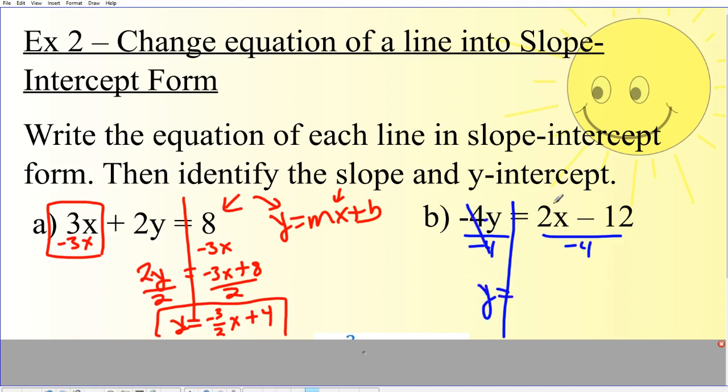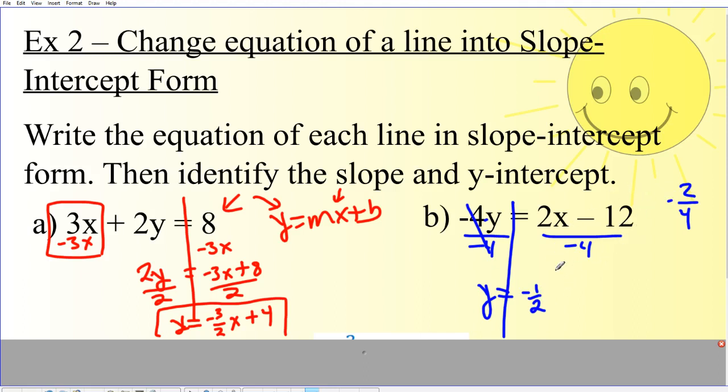Now, if we divide both pieces over here by negative 4, 2 divided by negative 4 is negative 1/2. I simplified. The 2 over 4 is 1/2. It's still negative.